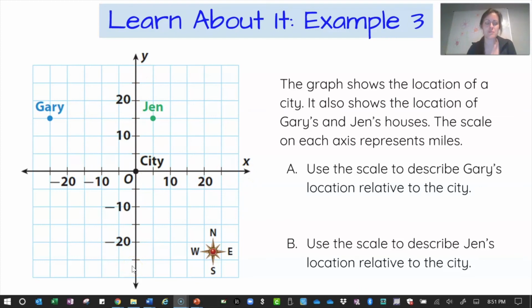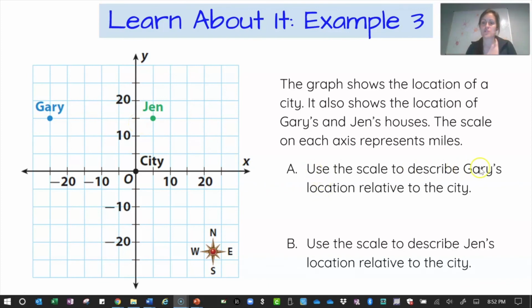One of the things that I'm noticing here is that the numbers on the x-axis and the y-axis aren't counting the same way as they were in the previous example. It looks like the interval between each of the tick marks on the x and y axis is not 1, it's 5. So 5, 10, 15, 20. And if I look on the y-axis or the vertical number line, it's the same, 5, 10, 15, 20. So that's important for me to remember.